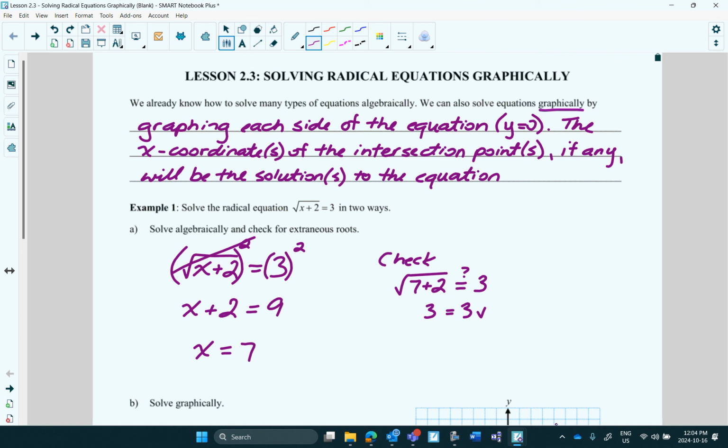Just like we did last year with quadratics. Graph each side by tossing a y equals in front. Look for the point or points of intersection if there are any. Find the x coordinates, those will be your solutions. Okay.